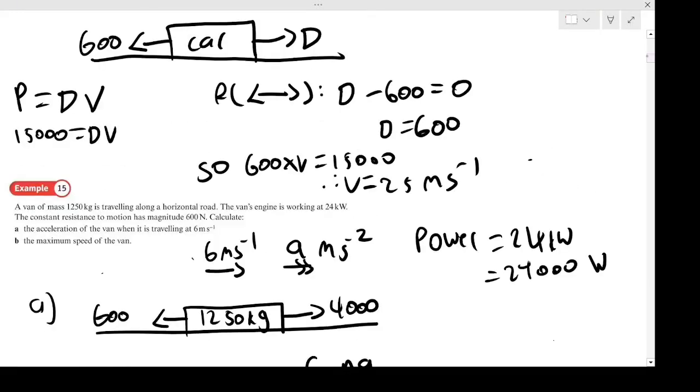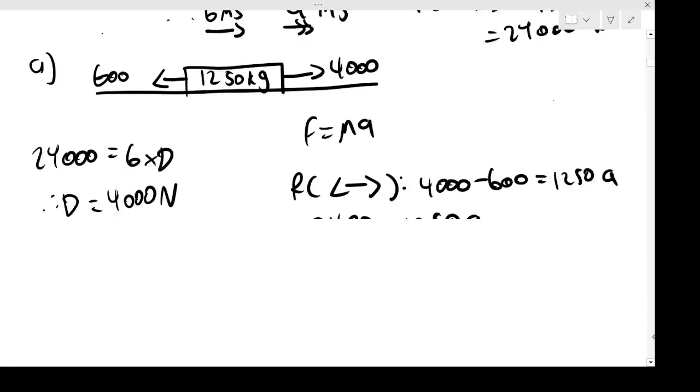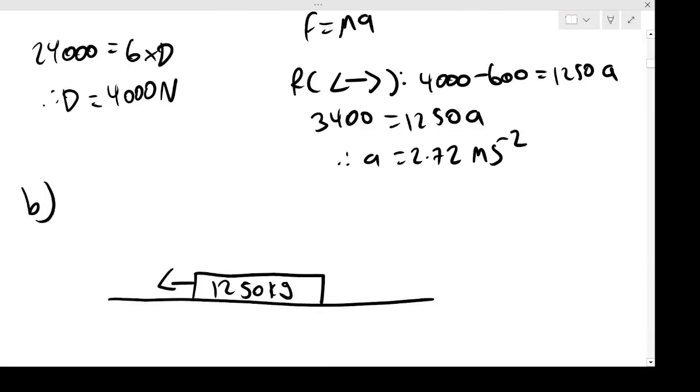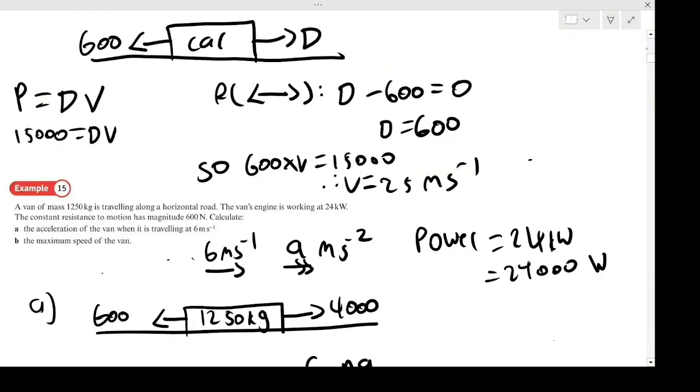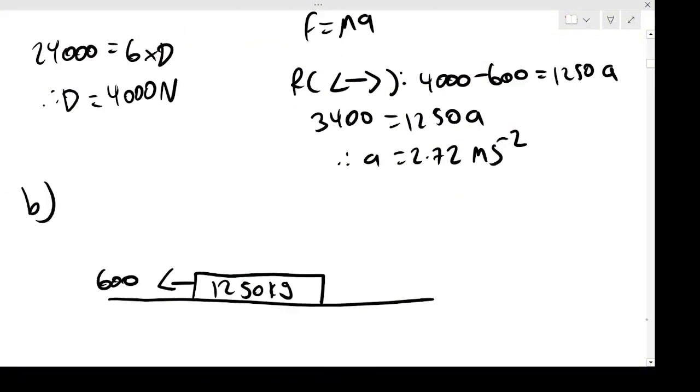The resistance force is still going to be 600 because it's constant, which means it will always remain the same. So that'll go back 600. The power of the van is still 24 kilowatts, that's 24,000 watts. The power remains the same as well.